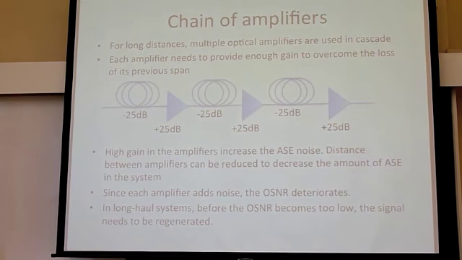Now the gain of the amplifier is actually related to the noise as well. So the more gain you have, the more noise is produced. So going through this deteriorates the signal to noise ratio. And one thing you can do to improve that is to space the amplifiers more closely. Instead of, for example, putting one every 80 kilometers, you can put them every 40.